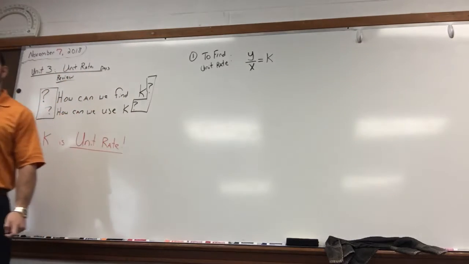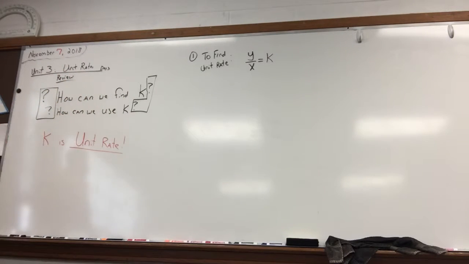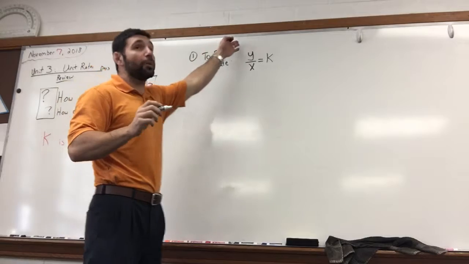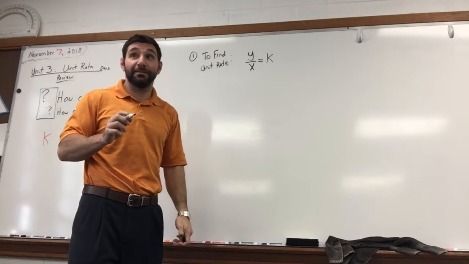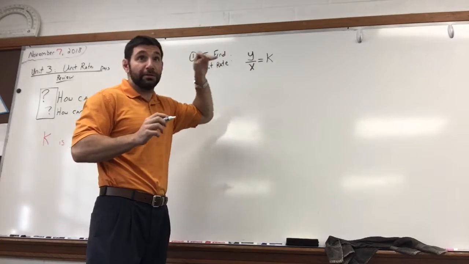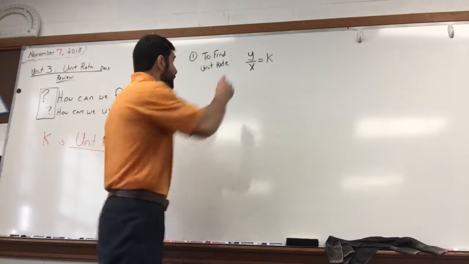Y divided by x equals k. Where k stands for what? Unit rate. Will k be a number? Yes. Don't joke. K will be a number. Okay? It's always y in the numerator, x in the denominator. Listen again. Y in the numerator, x in the denominator.